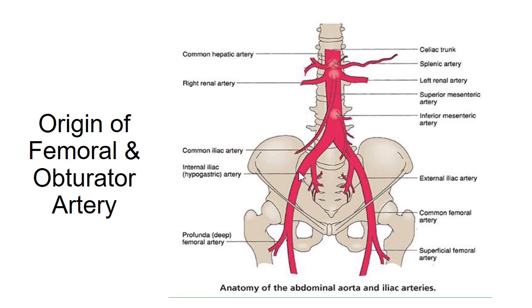Before entering the thigh, the external iliac artery gives off two branches: the inferior epigastric artery and the deep circumflex iliac artery. After giving off these two branches, it runs downwards, passes behind the inguinal ligament and enters the thigh as the femoral artery.